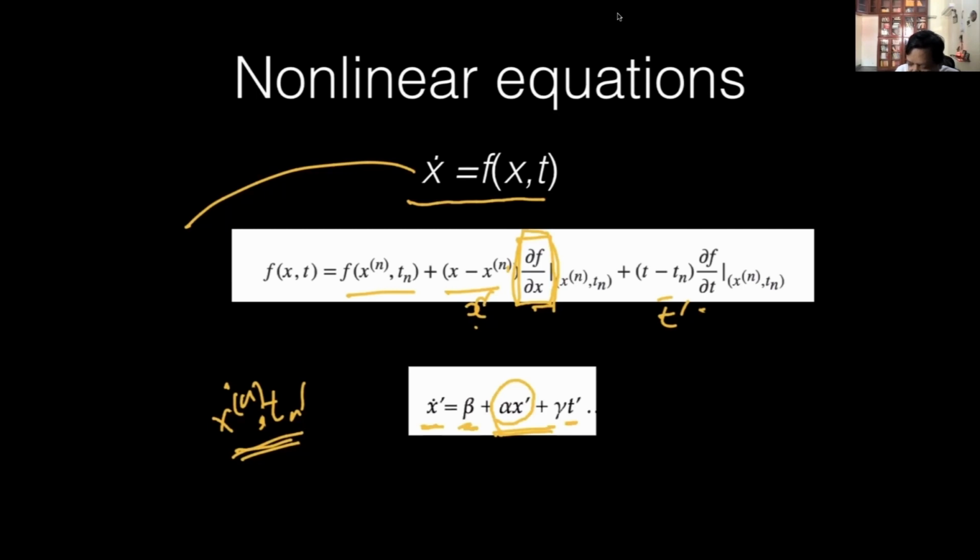Now stability depends on this, so we want the magnitude of 1 plus alpha delta t to be less than 1. It's not a rigorous proof, but it's an intuitive statement that here alpha will be partial f partial x. Alpha is not a constant for all x, it varies with x, but you compute the local alpha.